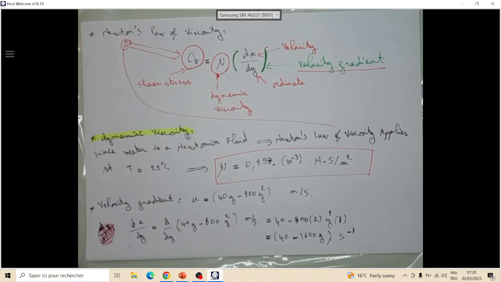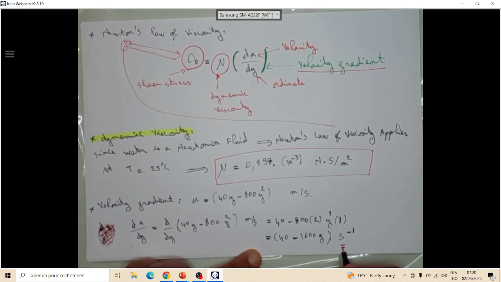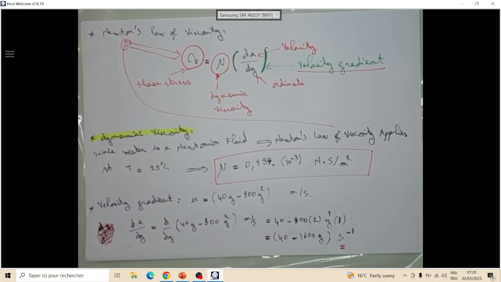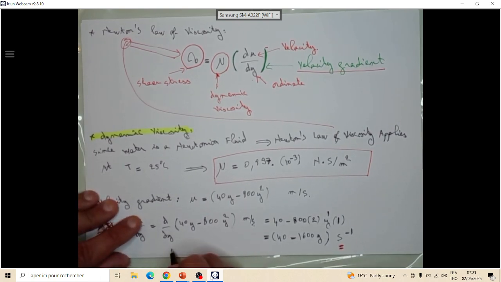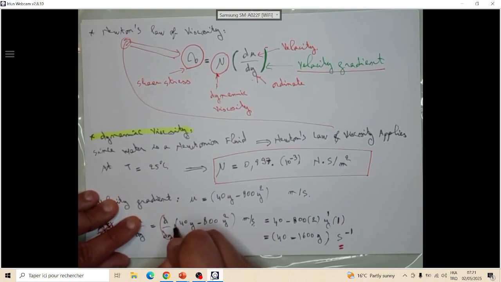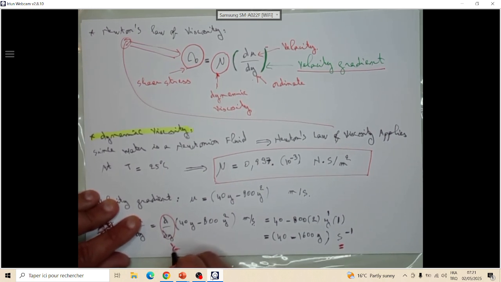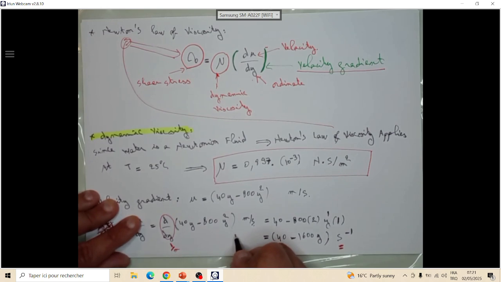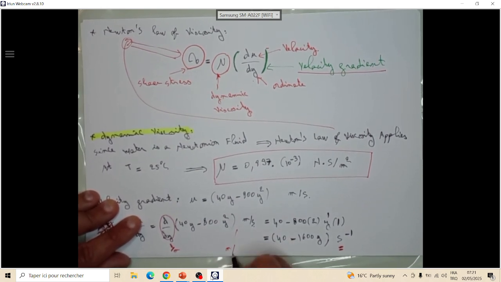Why do we have the unit of second minus 1 here? Because the derivative with respect to y has the unit of 1 over meter, and u has the unit of meter per second.